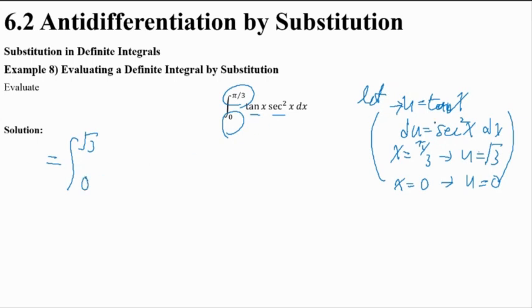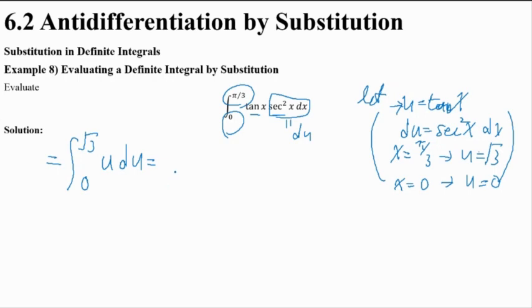And tangent x will be u, and du will be secant squared. So from here to here, it's going to be du. So simply u du. Looks much easier, right?